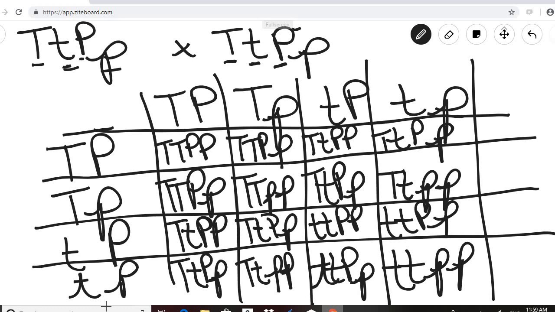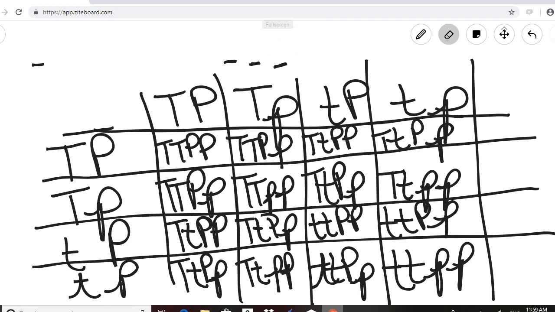Okay, so then what you have to do is go through and look at, in this case, 16 genotypes and figure out what the phenotypes would be for them. Okay, so I'm going to erase this up here.